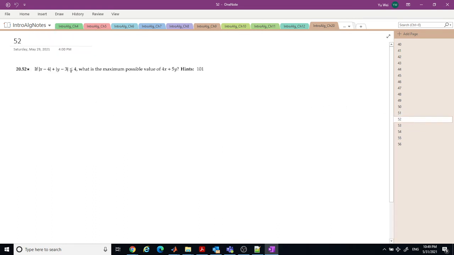So what we know, this is the case, what's the maximum value of 4x plus 5y? Okay, so let's draw a picture first.